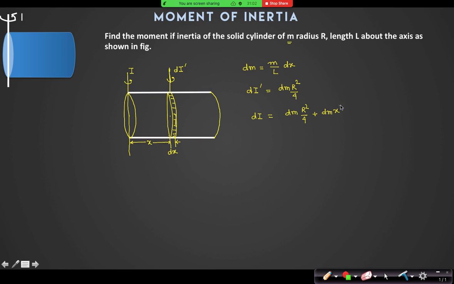Now you can integrate this dI to find the total I. X will vary from 0 to L, since the first axis passes through the center of mass of the disk. Now just integrate and tell me the answer.